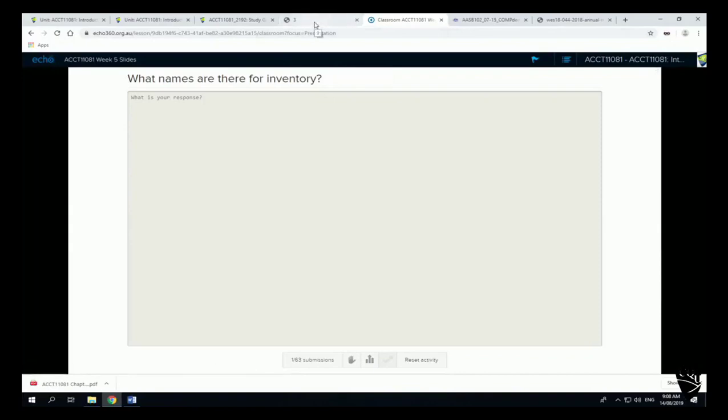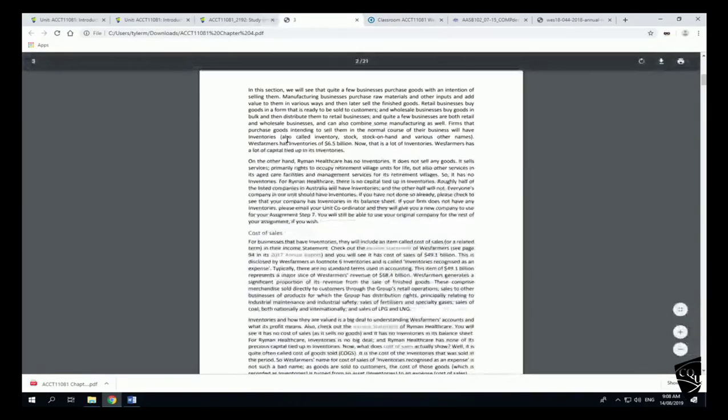Again, in the study guide, which I've just got on the screen at the moment, we've got different names for inventories, and the study guide has suggested 3. So we've got inventory, stock, stock on hand. What are some other names you might have heard inventories being called?